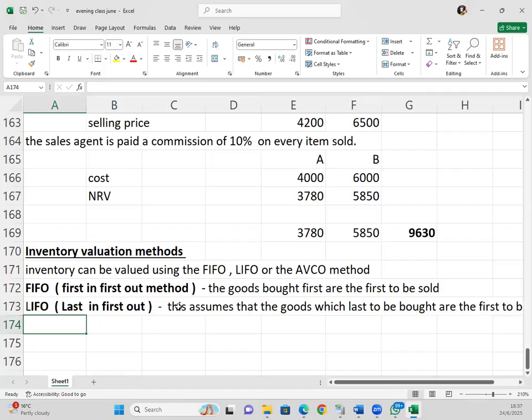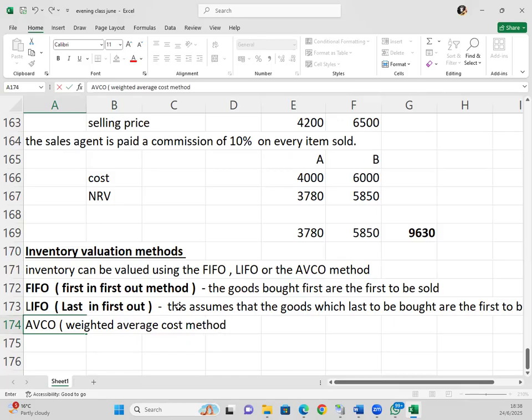Then besides LIFO, we have AVCO, which is the weighted average cost method.